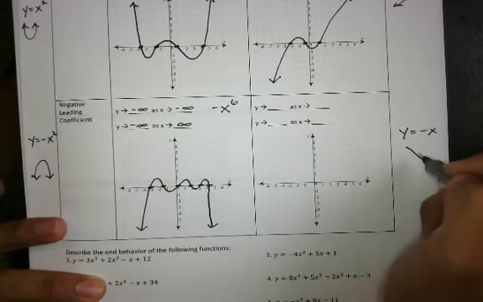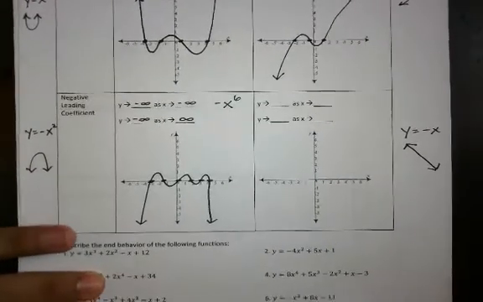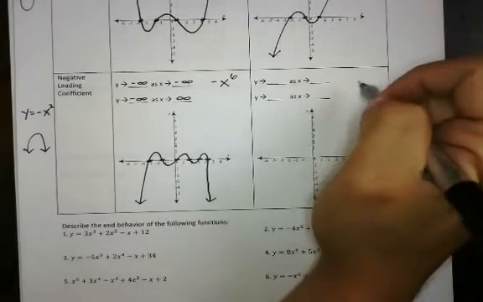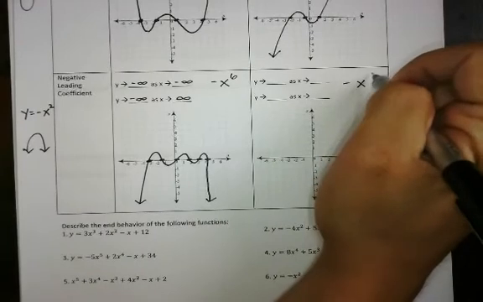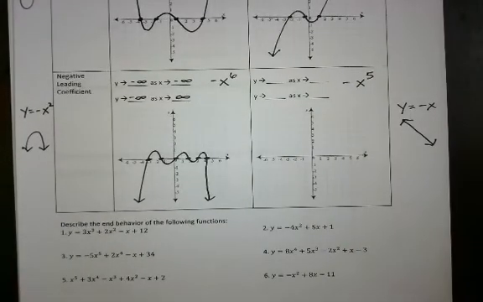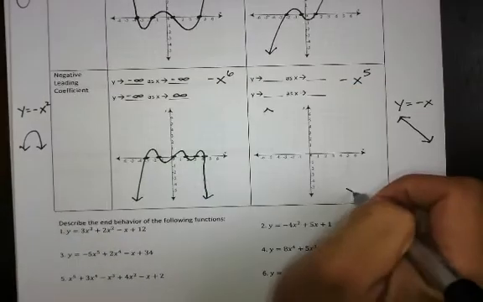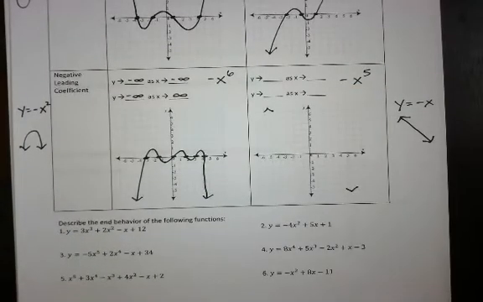Now for our last one, this one is going to be y equals negative x, which is essentially going to look like an arrow going down. So let's say we have negative x to the 5th power.